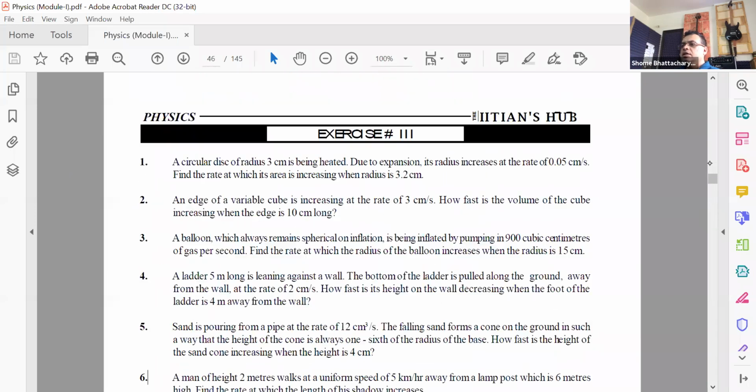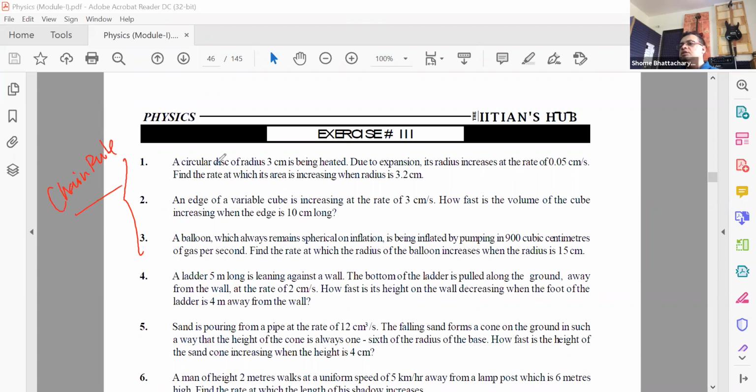They are applications of differentiation, or application of derivative, in practical types of questions. So let's understand how that works. In all these types of questions, we basically have to use chain rule. It is a practical application of chain rule.